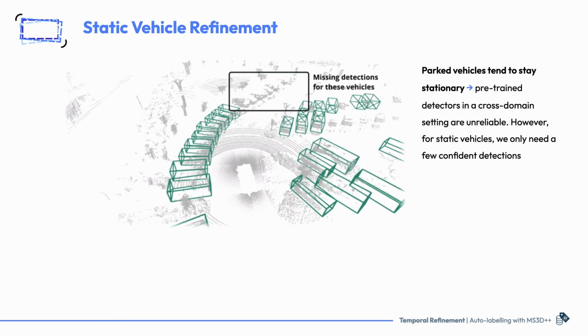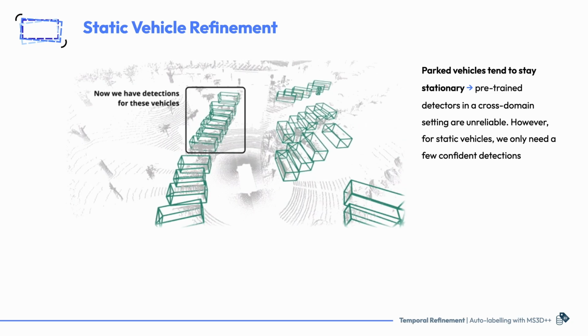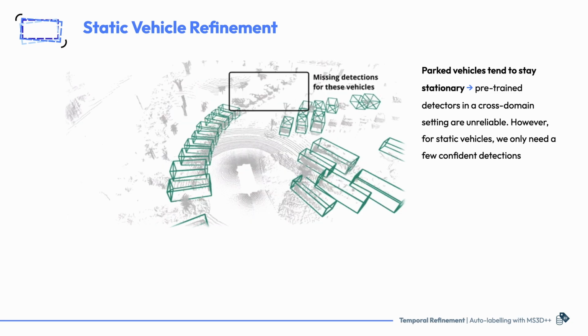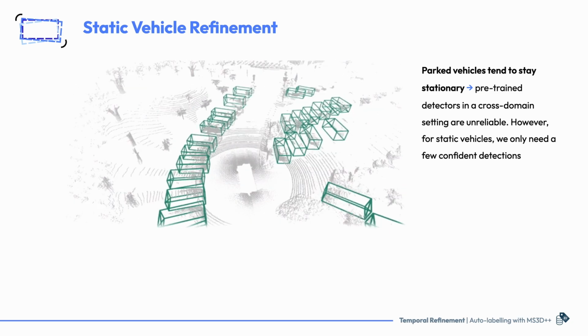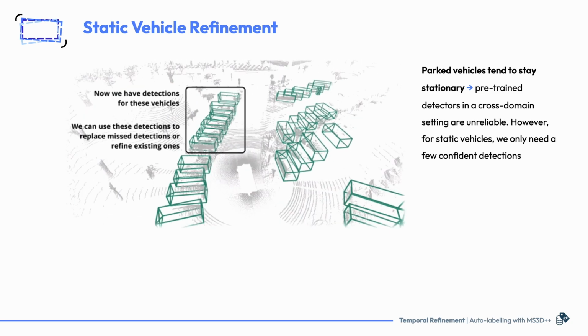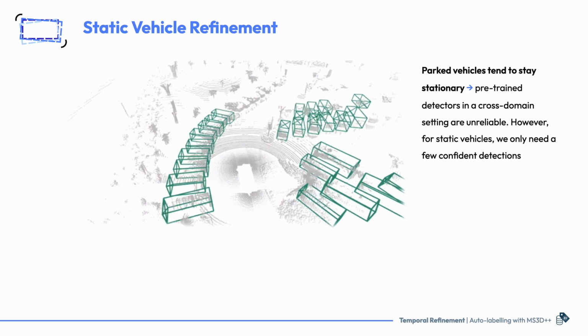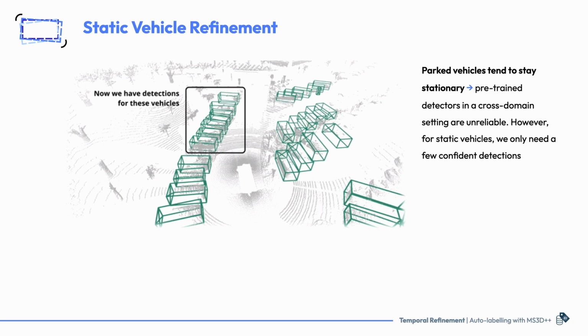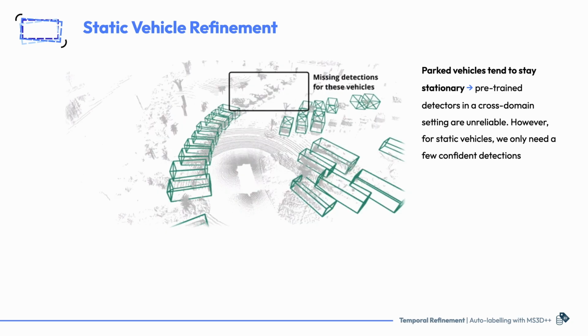So next we focus on static vehicles. The reason why we focus on static vehicles is because pre-trained detectors can be quite unreliable. They're unreliable in terms of their confidence scores and also whether they can actually detect the car. And the reason why we use parked vehicles is because as you drive through an entire sequence, there are different observations for different objects in the scene.